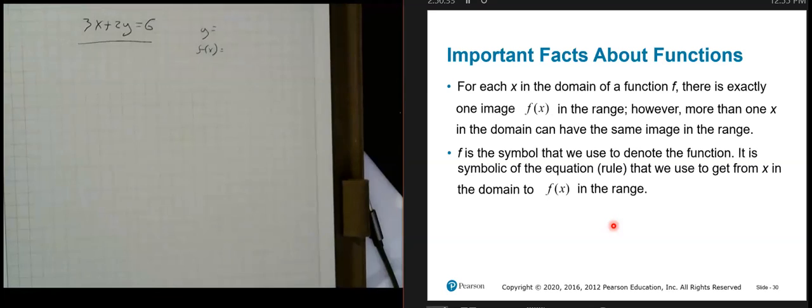Okay, the symbol f, and sometimes we can use other symbols, not just f, is the symbol we use to denote the function. It is symbolic of the equation or rule that we use to get x from the domain into the range.